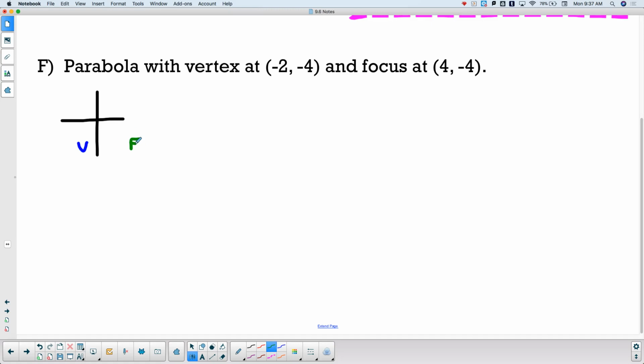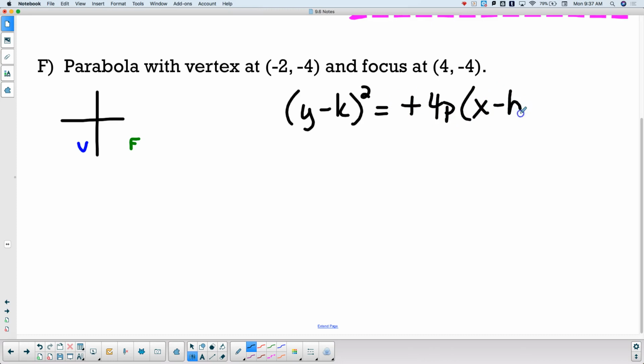Which way does this parabola open? To the right. So a right opening parabola has (y minus k) quantity squared equals positive 4p times (x minus h) quantity. Agree.